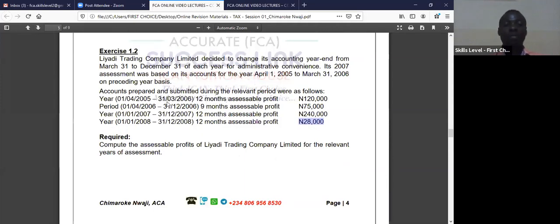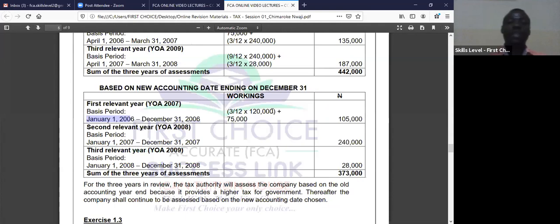Now, we see 2005 here and we see 2006. So January must be here. So we have January down to March is 3 months. So we'll take 3 months out of this 12. That's why you're saying 3/12 of 120. So when we do it, 3 divided by 12 times 120 should be giving me 30,000.